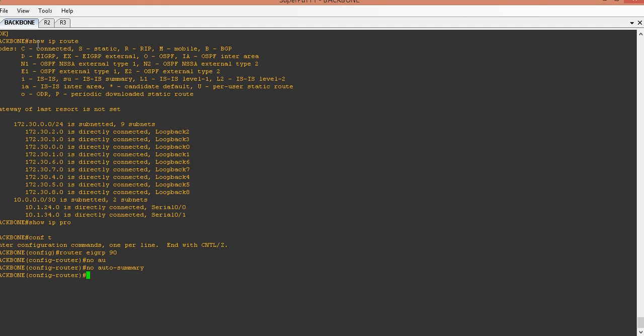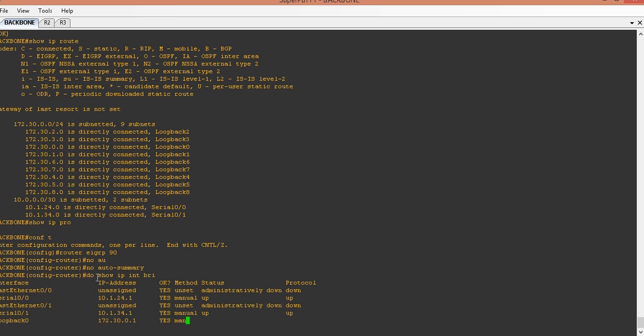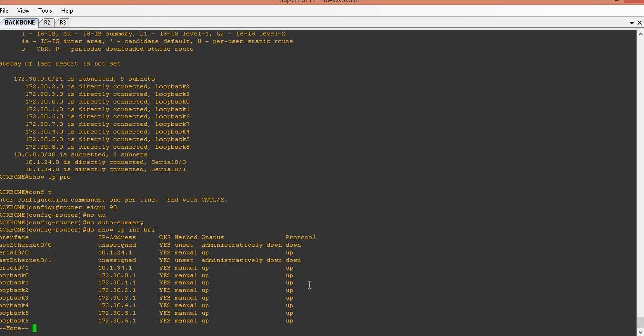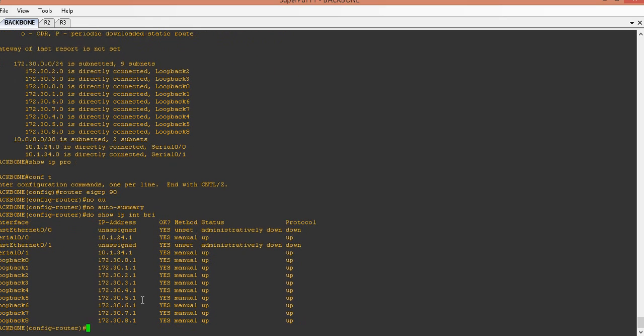Okay, so let me see which networks I have. I can see the networks here, but I can run a command to see them in a summarized way. So I say show IP interface brief. So far I have network 10.1.24 and 10.1.34 and 172.30.